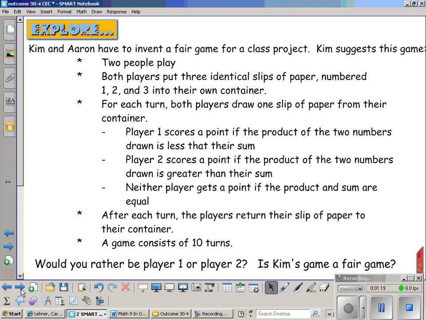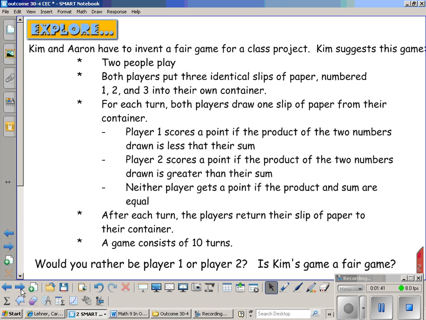Player 1 will score a point if the product of the 2 numbers drawn is less than their sum. So let's recall. Product is what happens when you multiply the 2 numbers. Sum is what happens when you add the 2 numbers. So player 1 wins if the product is less than the sum.